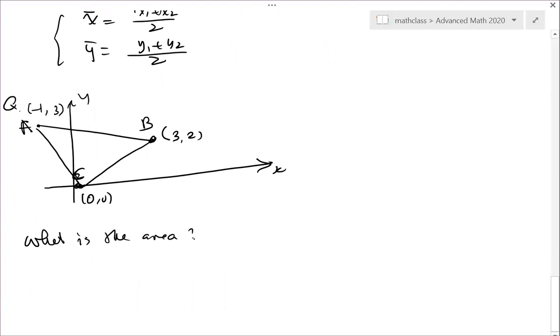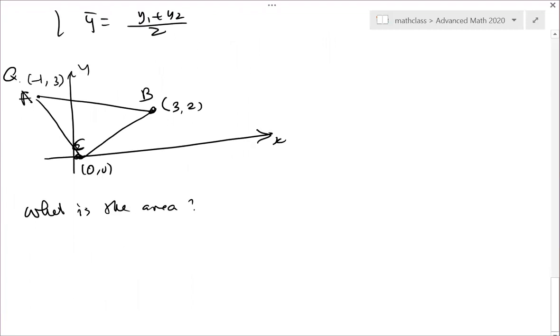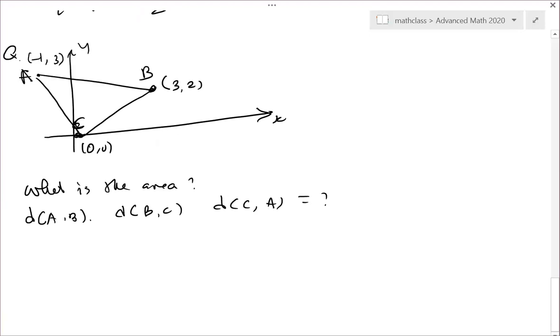Okay, how do you find the area? Well, I can find the distance, right? The distance between A and B, the distance between B and C, the distance between C and A. Now, if you find all the side lengths, you can determine the area of the triangle.